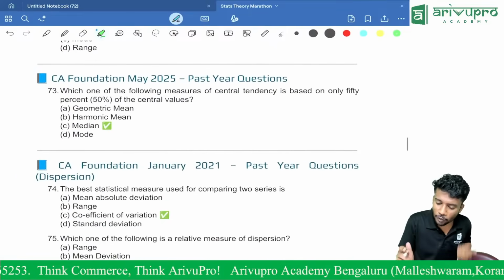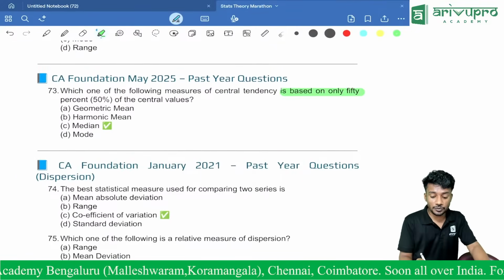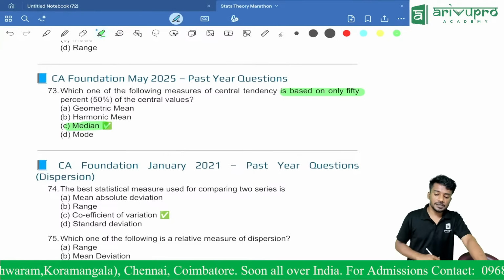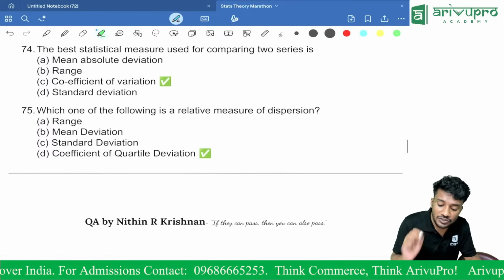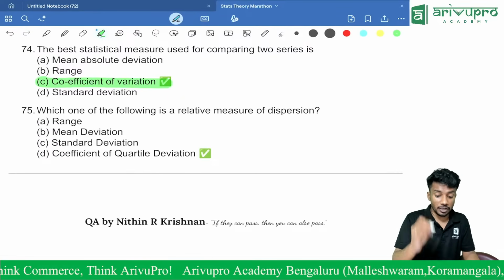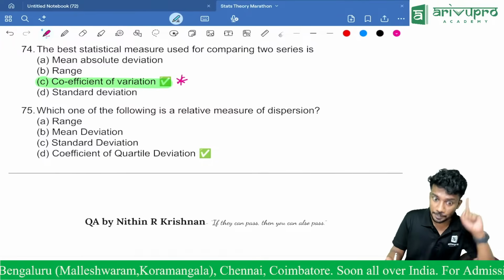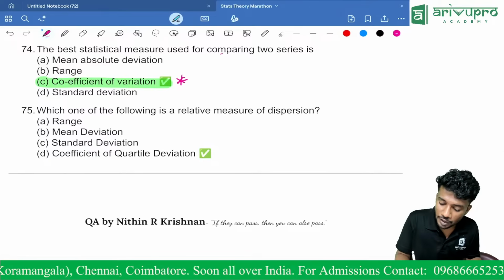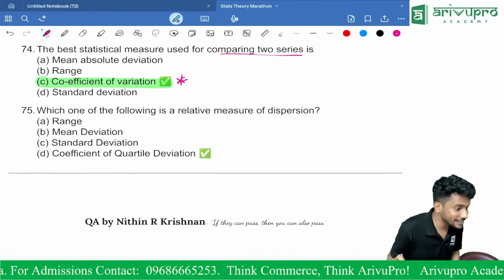Then which measure of central tendency is based on 50% of the central values? The median is based on the 50% central values. Then the best statistical measure used for comparing two series is the coefficient of variation, or coefficient of standard deviation. Remember it.